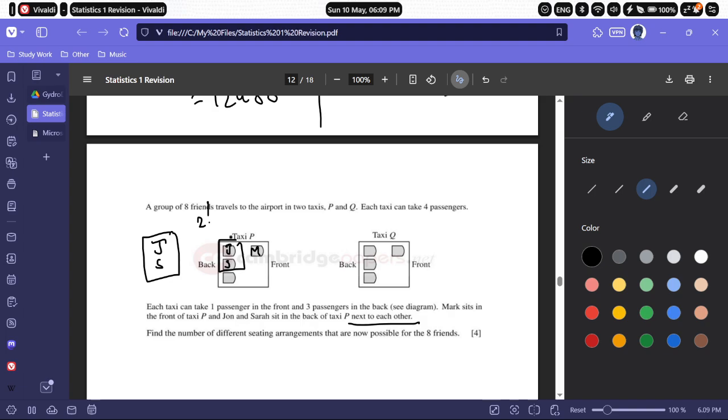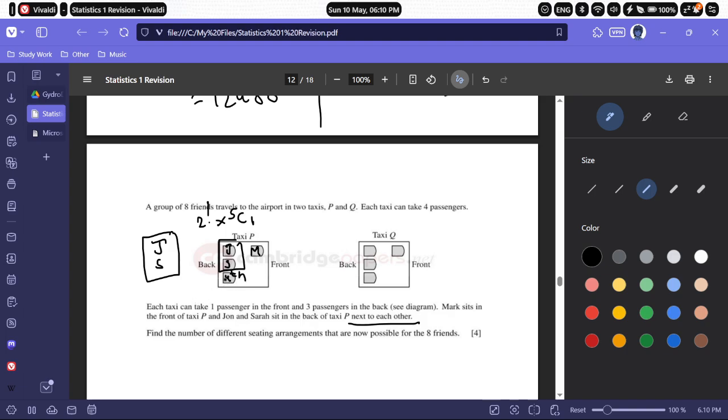After you select all those three people, Mark, John, and Sarah, you'd be left with 5 friends to choose from for the fourth place. So that would be into 5C1, right? You're basically choosing one friend from the remaining 5 people. Now, another thing is that let's say this is your fourth person.